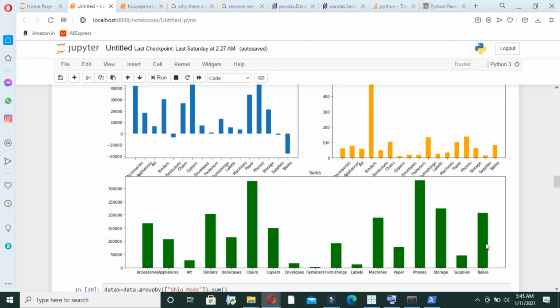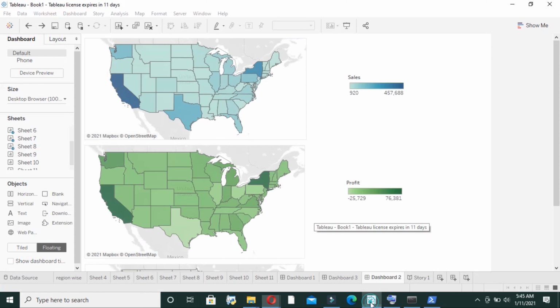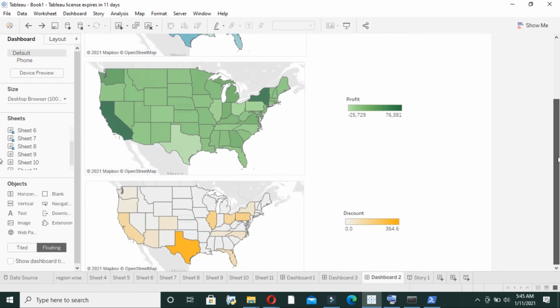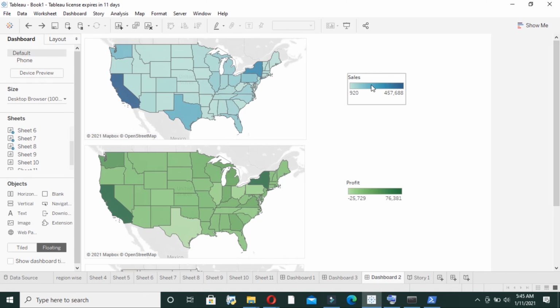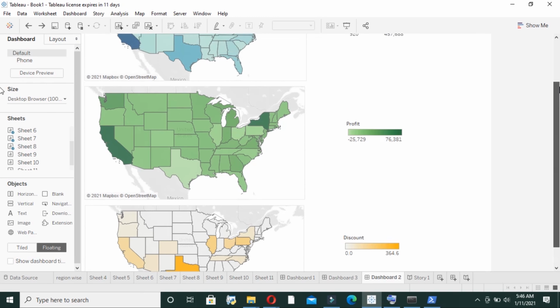Now let's go to the Tableau dashboard. Here I created the dashboard region wise. Here you can see the sales. The more dark blue region contained more sales, and the less dark blue region contains less sales. Similarly for profit and discount.